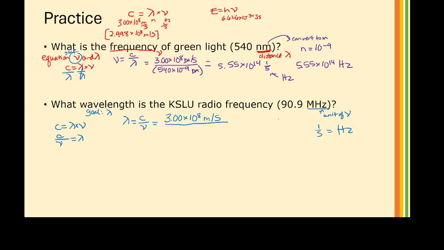Once again, I know that mega is 10 to the 6, so I will use that same trick: 90.9 times 10 to the 6 hertz, but instead of using the word hertz, I'm going to use 1 over seconds so that I can see that the seconds are going to cancel. I'll be left with meters. And I get 3.3003 meters. So we would report 3.30 meters.